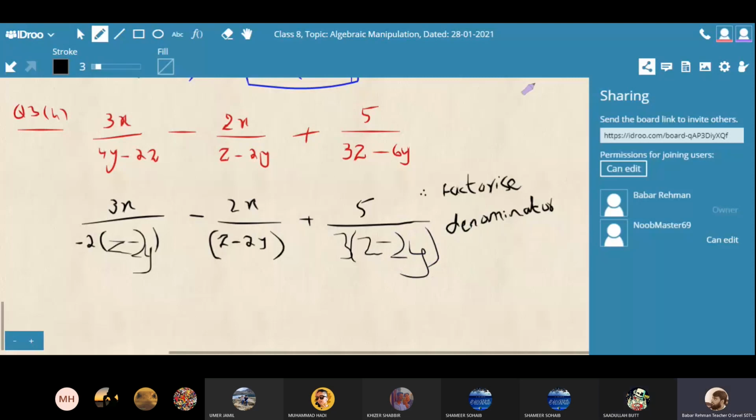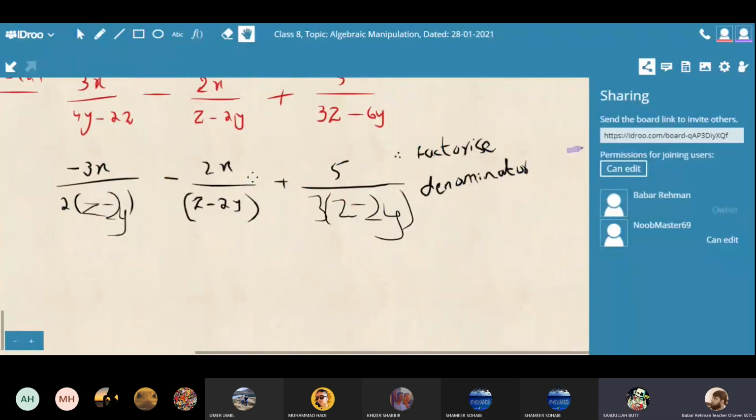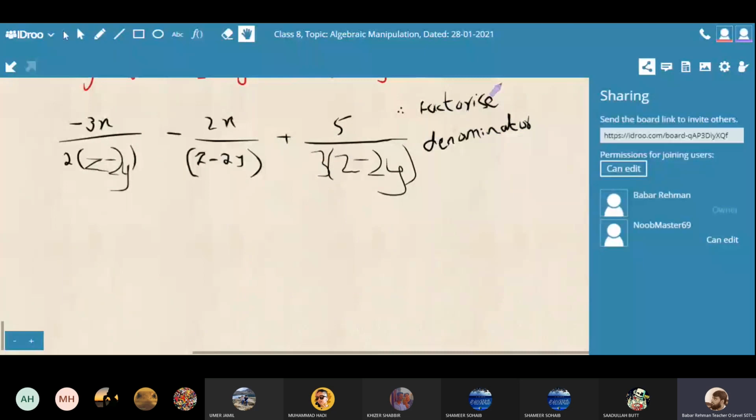Sir, written. Very good. Now, how can we make the same denominator? Okay, one more thing, Saad. When we take common, what can I do? Look at this. This negative sign can be written over here with this to avoid any problem. Okay, sir. Now how can we make the denominator the same?